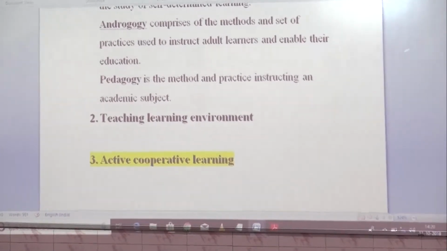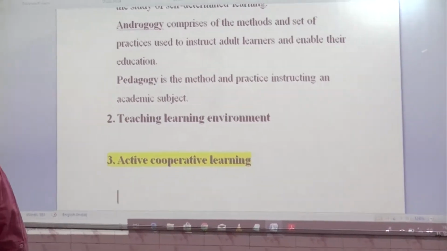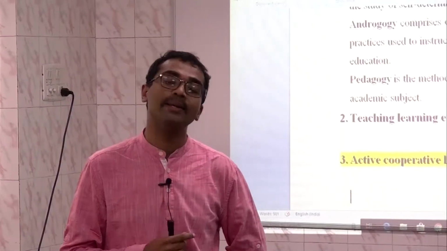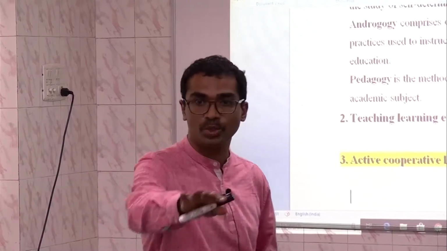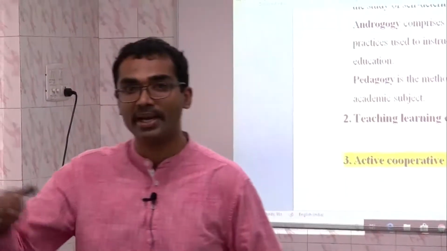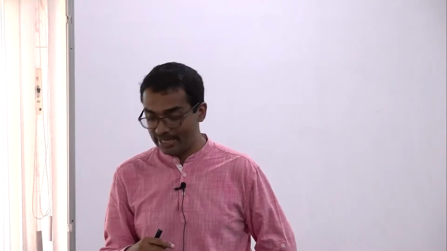This is an example of a relatively reasonable ACL enabled environment, or ACL enabling environment, because in this you will find that students are sitting together, they can face one another, they can discuss with one another, and so on. So we also told you about the Malaviya Hall in electrical engineering and how the setting there is helpful in facilitating discussions among students and so on.